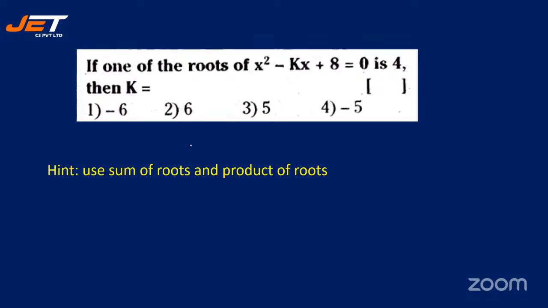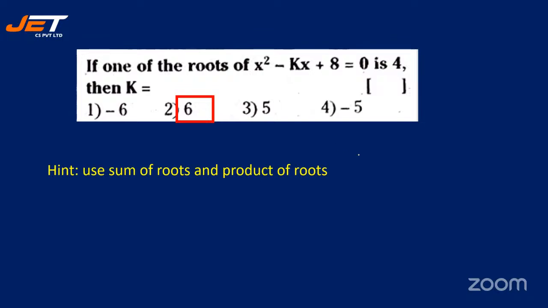So what you get out of it is the value of k as 6, isn't it? So it's very simple.